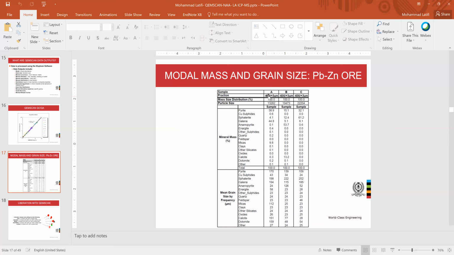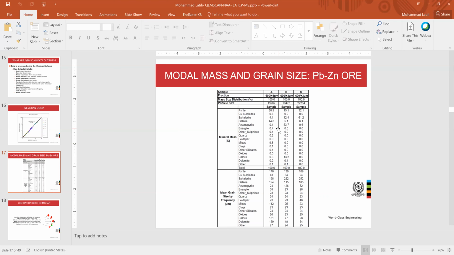Minus 600 plus 3 means particles above 3 micron and below 600 micron. By just considering these similarities, we see that ChemScan has identified modal distribution of the minerals in the ore with different chemical compositions, with different mass fractions.